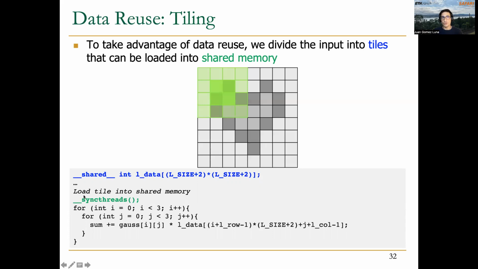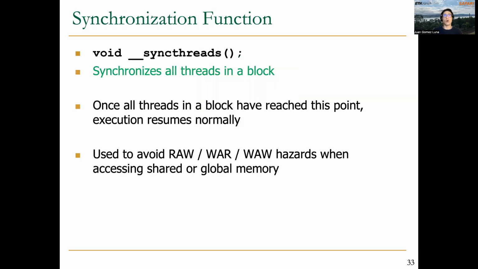Observe as well that between loading the tile into shared memory and the actual computation, we need to use this sync threads function here, that allows us to synchronize all threads in a block. This is a way of avoiding hazards like read after write, write after read, or write after write when accessing shared memory or global memory from threads inside the same thread block.